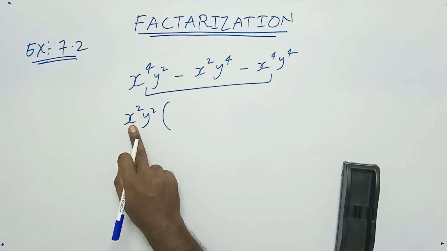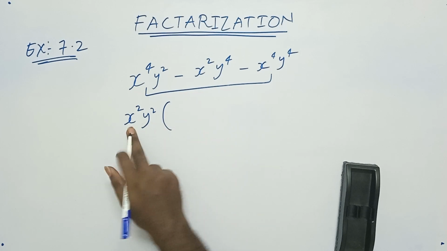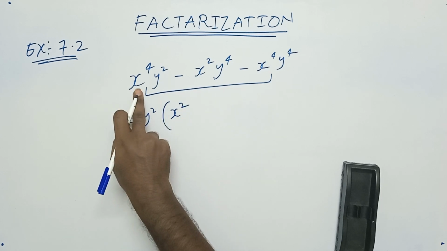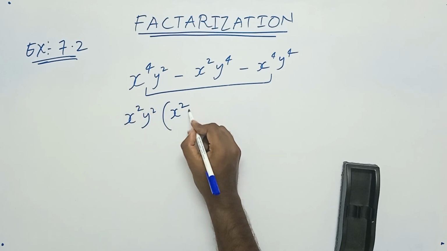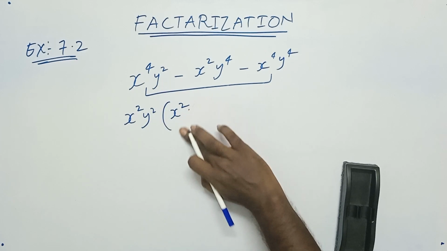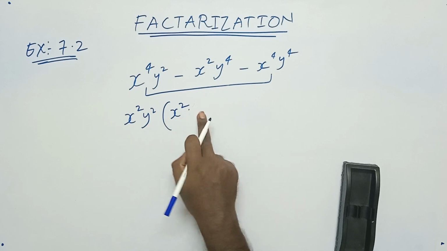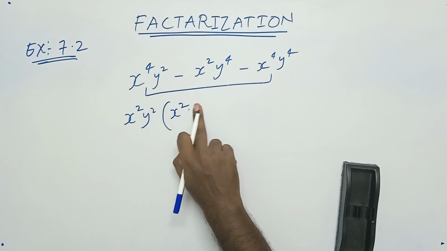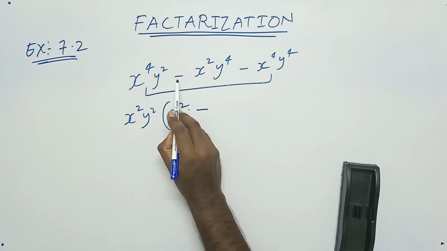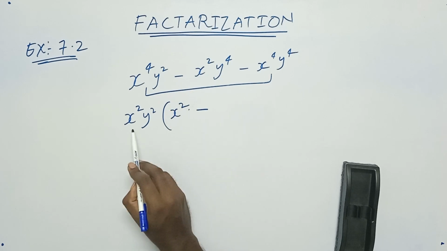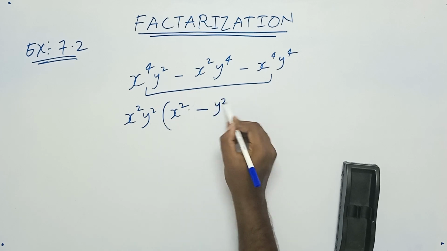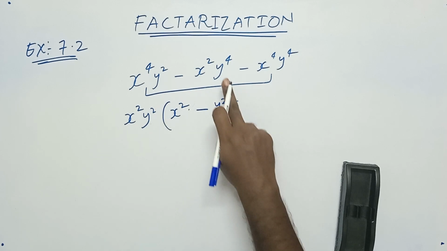So x square y square times x square is x power 4 y square times 1 is y square. So no need to write 1, the value doesn't change. So we are moving forward. So here we have a minus sign, we are going to keep the minus sign. X into 1 is x square, y square into y square is y power 4.